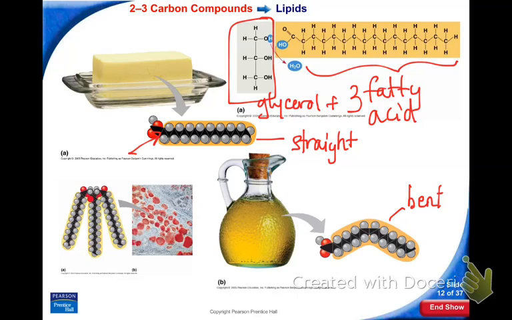That represents the chain of carbons. And the hydrogens are represented as the little gray dots. If the chain of carbons is completely full of hydrogens, we say that it is saturated.